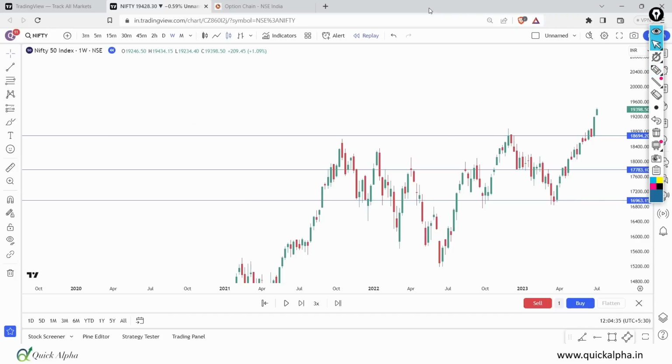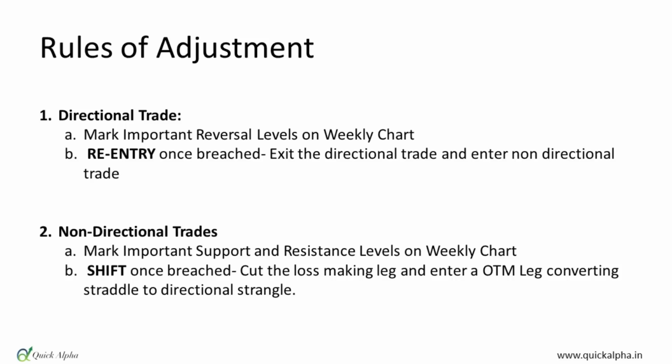The summary of adjusting long-term short straddles is quite simple. First, if you have taken any directional trade, simply mark the important level of adjustment. If you have taken a bullish trade, mark the important support. If you have taken a bearish trade, mark the important resistance. And once the resistance or the support is breached, because it is a directional trade, exit the whole trade and re-enter a fresh trade.